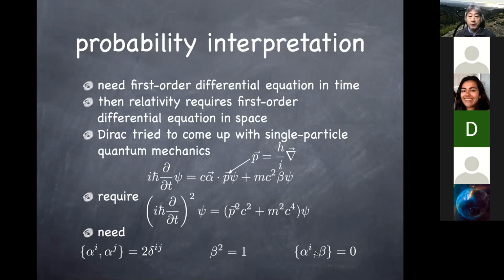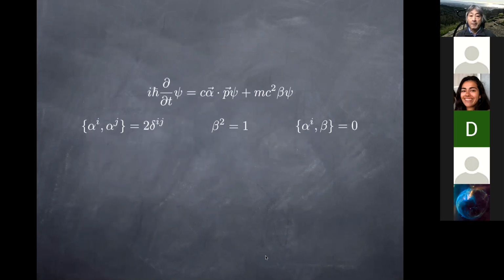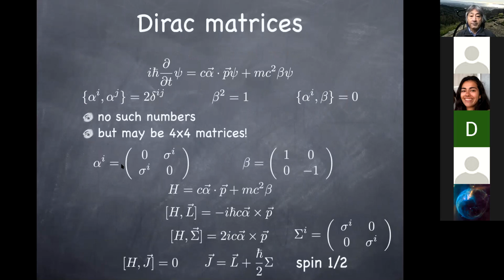And there are no numbers that satisfy these requirements, so that's why he had to actually go for matrices. So alpha and beta turn out to be 4x4 matrices, so that the Hamiltonian, which is the right-hand side of this equation, is now written in terms of the 4x4 matrix form. And of course, p is meant to be the derivative operator, just like on the previous slide, but this is now incorporated in by 4x4 matrices.